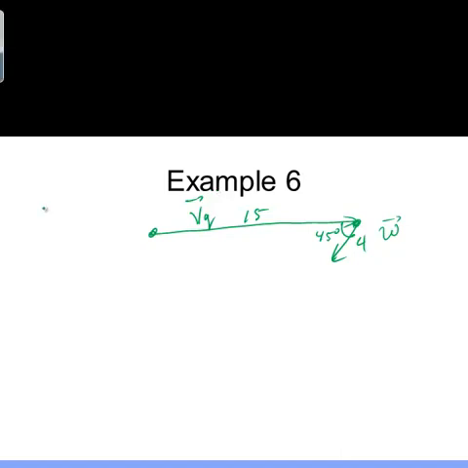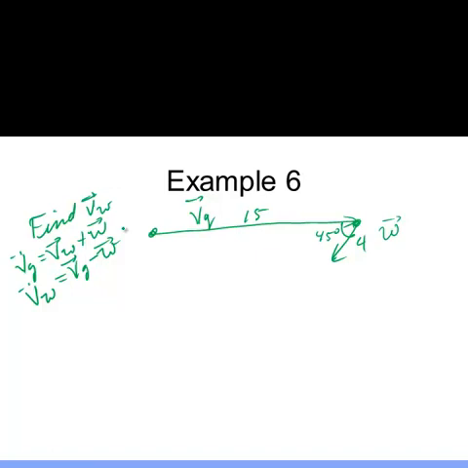So we need to find V_W. Now, because V_g is equal to V_W plus W, that means V_W will be equal to V_g minus W. All right, let's put little arrowheads over the top of all these guys.